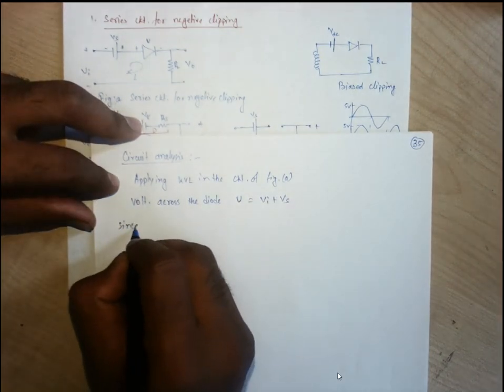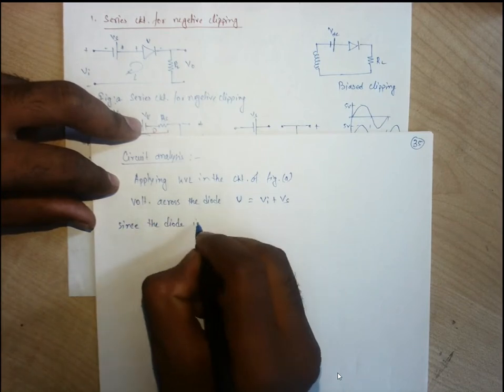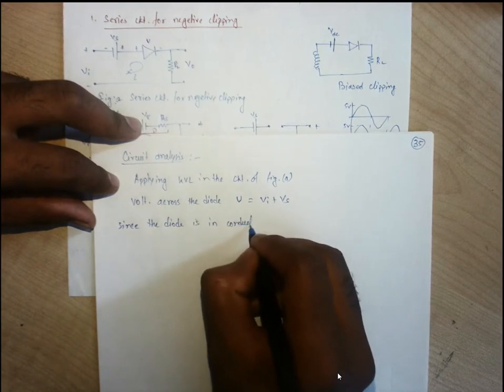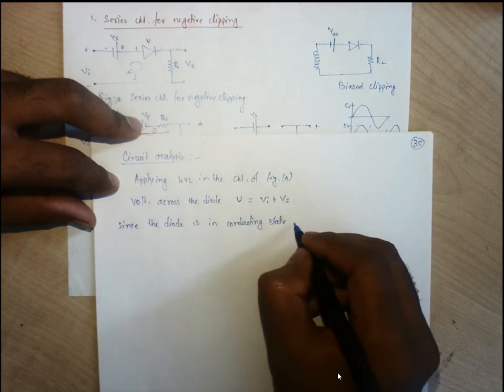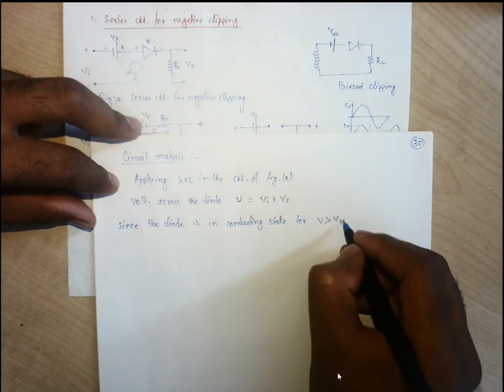Since the diode is in the conducting state, or on state, for V greater than V gamma.